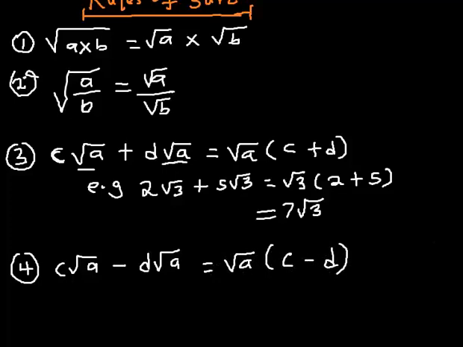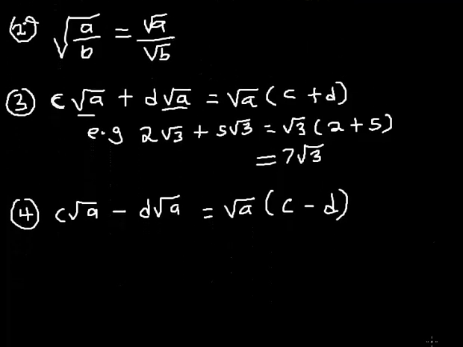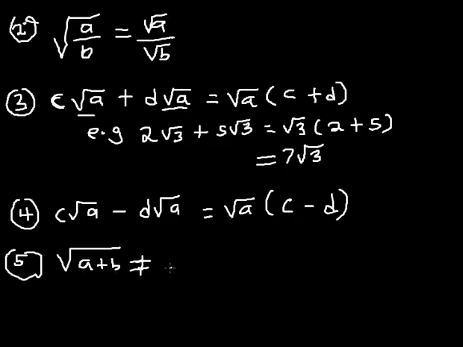Now these are the do's, but let's look at the don't. The don't is you cannot say that the square root of a plus b is equal to the square root of a plus the square root of b. It's not equal.